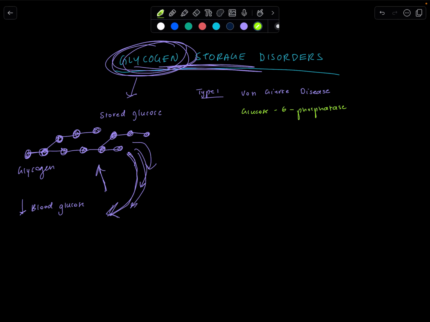What does this mean? You can't break apart your glycogen, because we know if it has the word tase in it, it involves breakdown. And if you can't break that down, that means you're going to have a lot of glycogen in your liver and your kidneys.